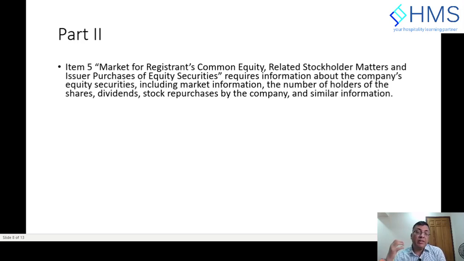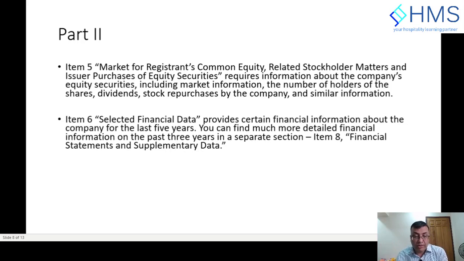So here you are providing information about the company's ownership. Who are the major shareholders? What type of shareholding do they have? And if the company has bought back any shares, or has issued any new shares, the stock options, and all those things.